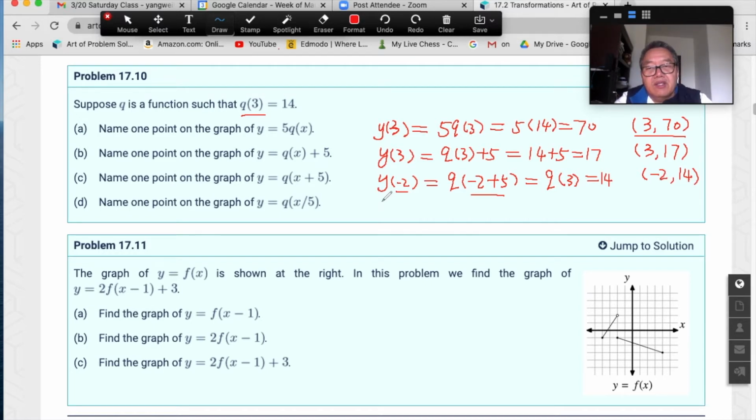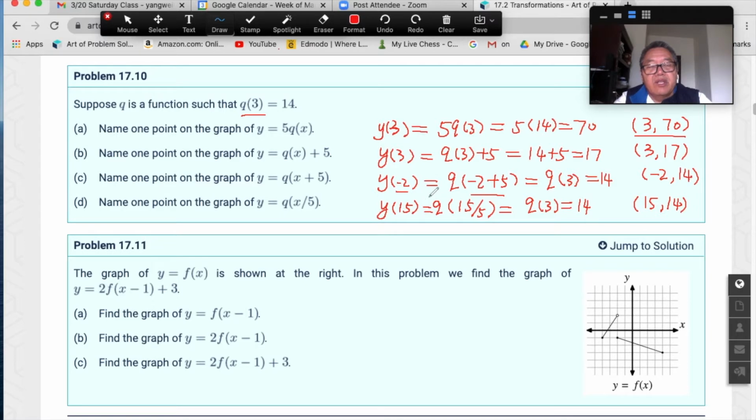Now let's see this one. x should equal 15, because here we need Q of 15 divided by 5. So this equals Q(3), which equals 14. So in this graph we have the point (15, 14).